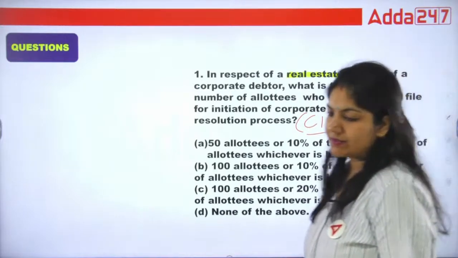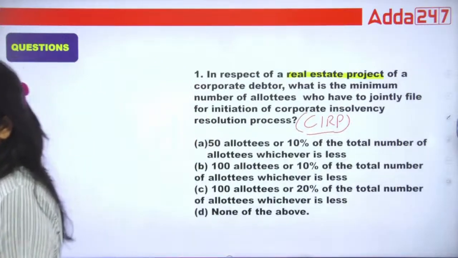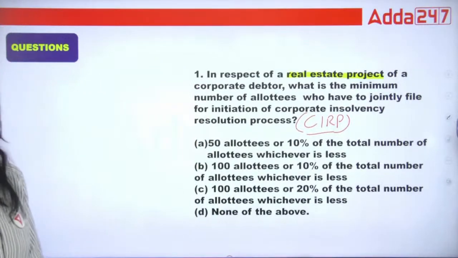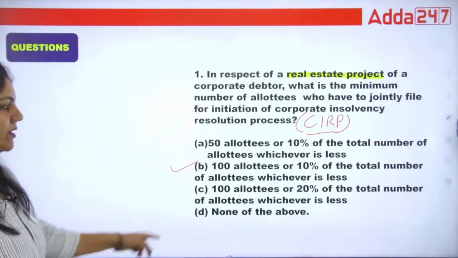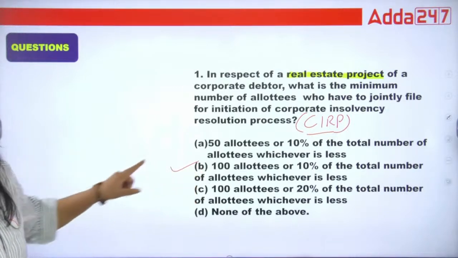Tell me, class. This is very important. So B is the right answer: 100 allottees or 10% of the total number of allottees, whichever is less. So you have to remember this one.